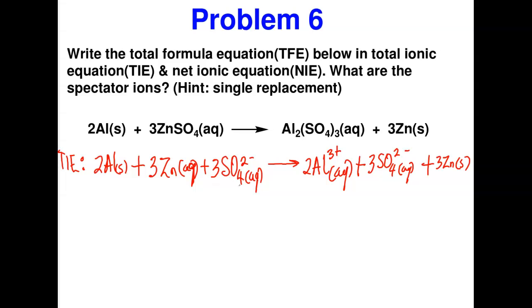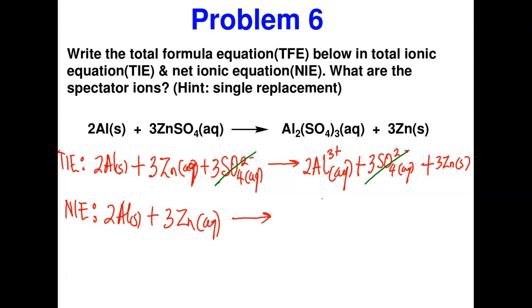Let's look at the sulfate is aqueous, 3 moles. Sulfate is aqueous. This is the only guy that will cancel around here. So for us to write the net ionic equation, NIE, that will give me 2 aluminum solid, 2 moles, plus 3 moles of zinc aqueous will give us 2 aluminum 3 plus aqueous plus 3 Zn solid.